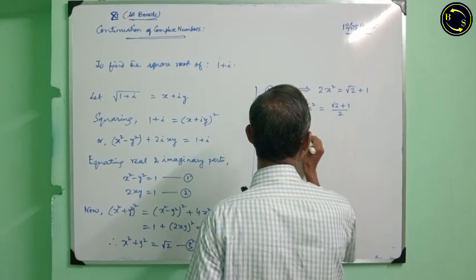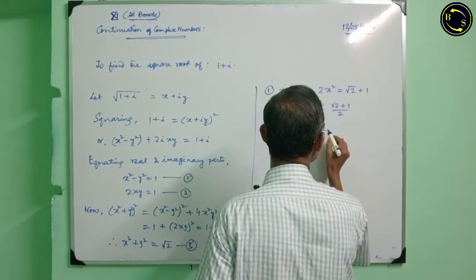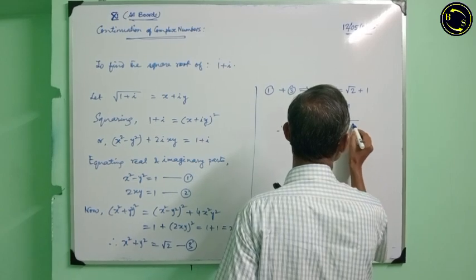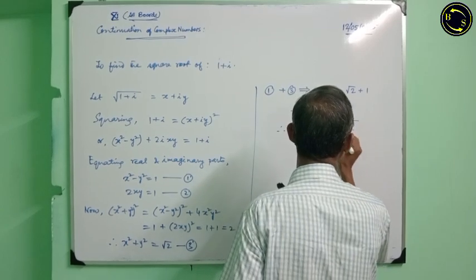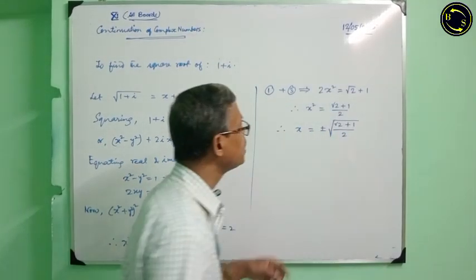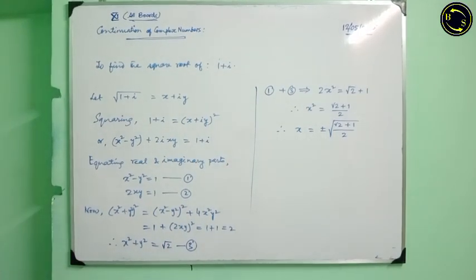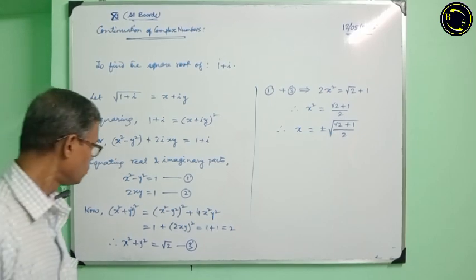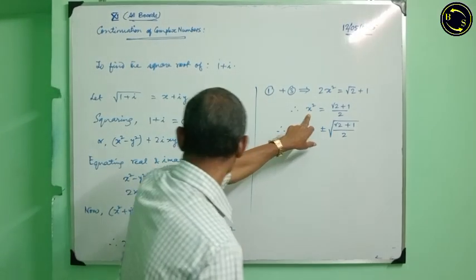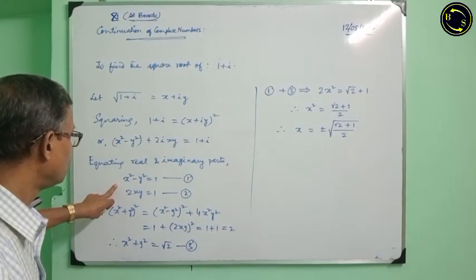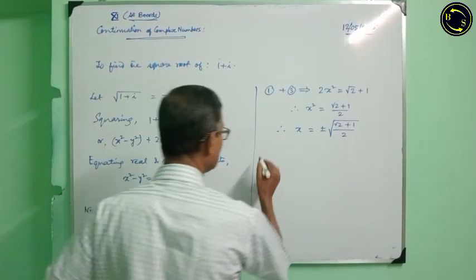Therefore, x is equal to plus minus root over (root 2 plus 1) by 2. See this, the value of x is quite complicated. Now, putting that x square in the first equation, we shall get the value of y square.